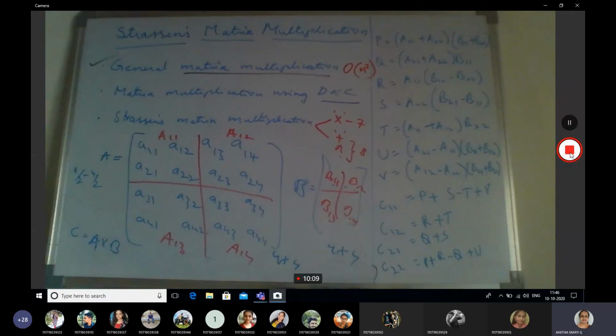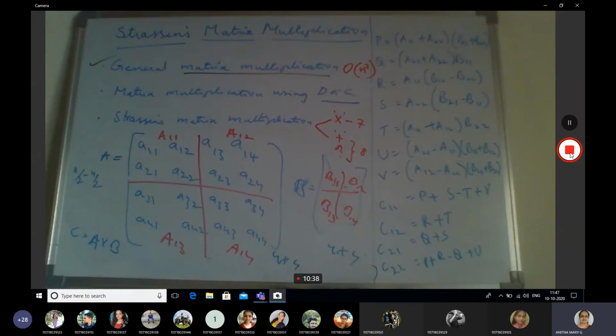That's how we are going to divide whatever bigger matrix by 2 until that problem becomes a small one. Small problem means until it becomes a 2 by 2 matrix, and then we solve the problem.